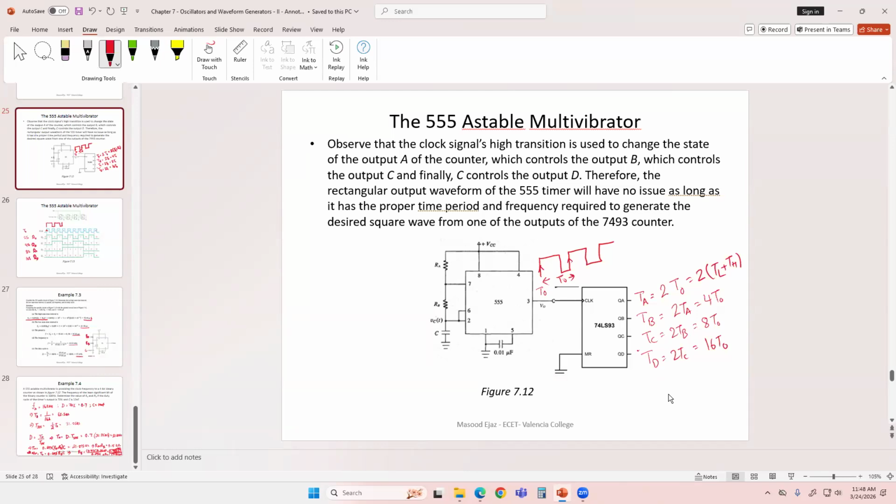But when the frequency keeps on decreasing, that means the time period will keep on increasing. So just keep that in mind for the 7493 as to which direction you have the time period increasing or decreasing. Time period increases as you go from least significant to most significant, and frequency decreases. That's just one thing where students make mistakes, so keep that in mind when you're solving a circuit like that. And I believe this is the last example of this chapter.